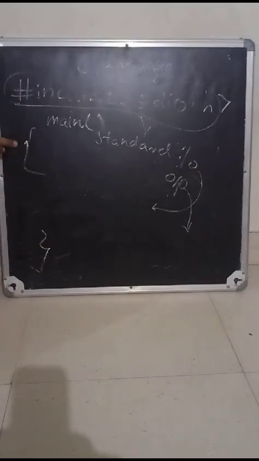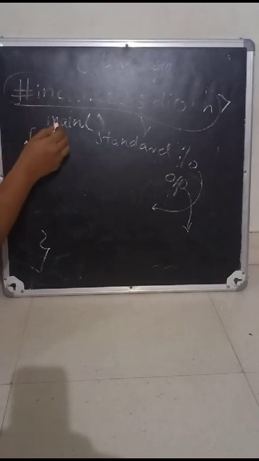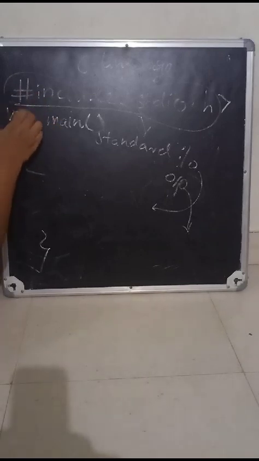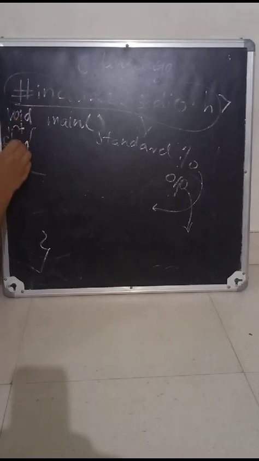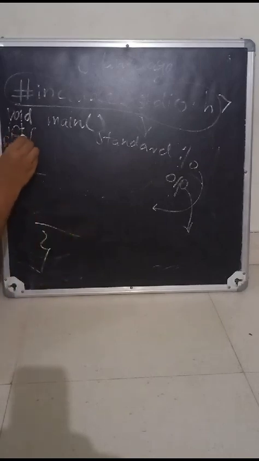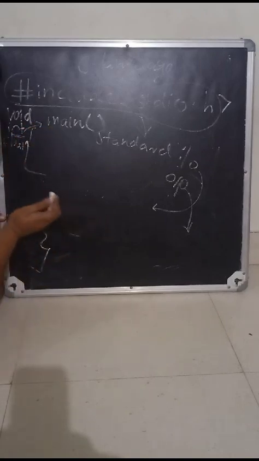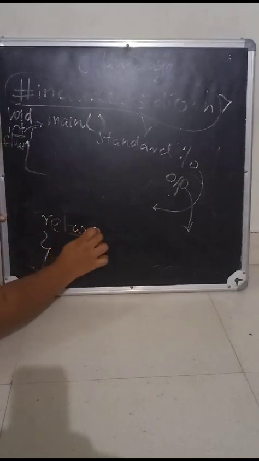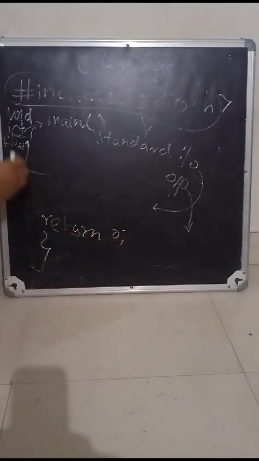That main function may be of void type, int type or float type according to the functionality. If it is a void main, the function should not return any value. If it is int main, the function should return 0. If it is a float main, then it should return a floating point value.